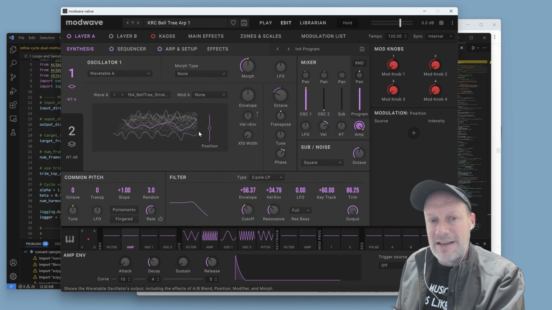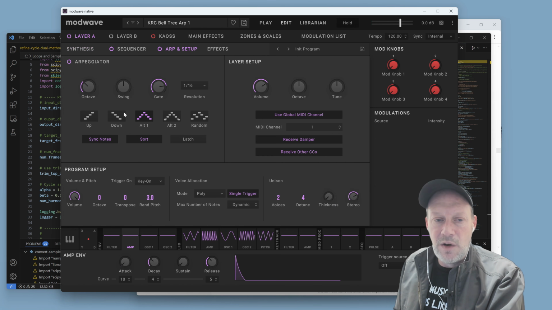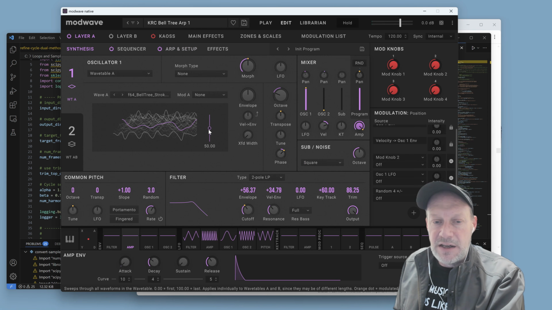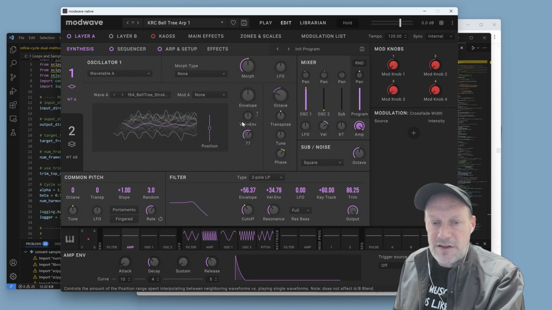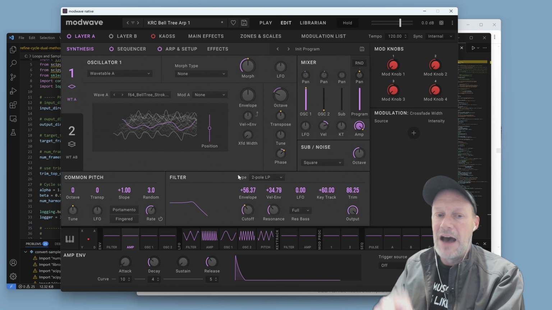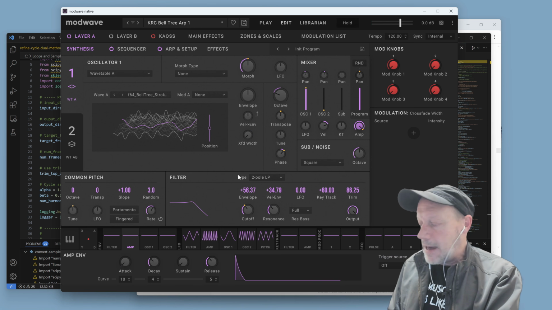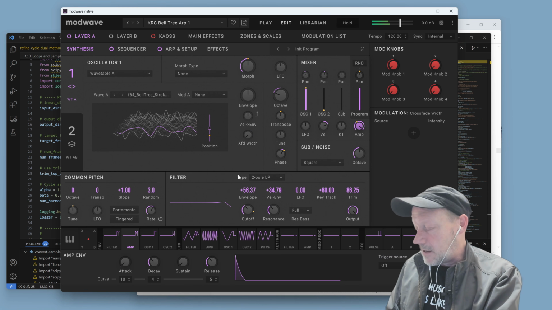And so you could do things like this. I turned this into an arpeggiated patch where randomly we are changing the position of the frame in the wavetable, using the random modulator here. And I've got crossfade width turned all the way down, so we're just picking out the exact frames of the wavetable. And in doing that, we get this.